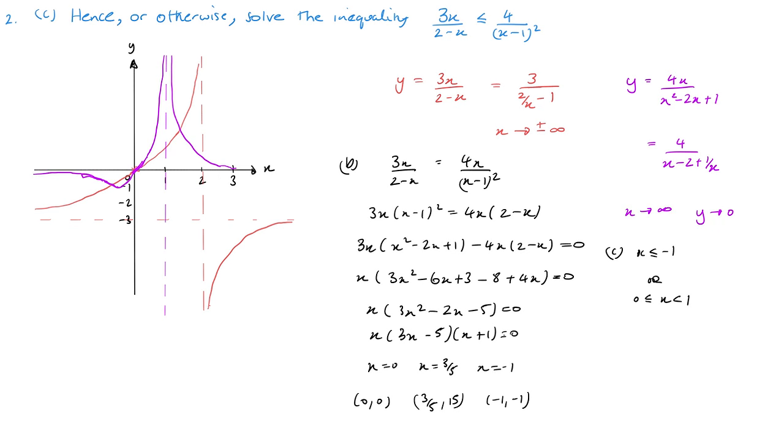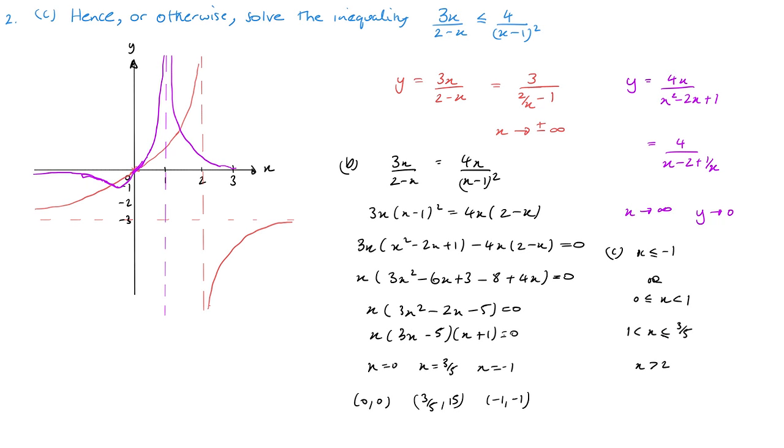And then it's above between 1 and 3/5. And then it's above after 2, so when x is greater than 2. This one can be equal to the 3/5. So it can be equal at the points of intersection, but it can't be equal at the asymptotes.